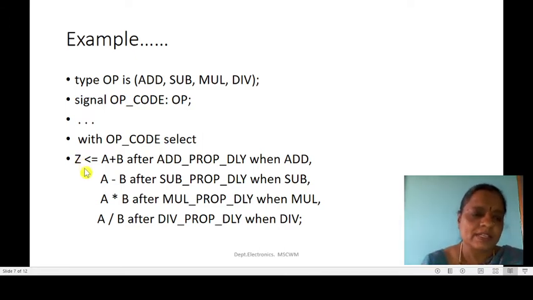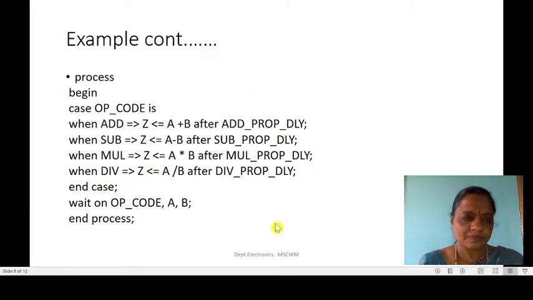Remember that a selected signal assignment statement is not executed line by line. It is executed by selecting the expressions directly. In the same way, for division it is going to select the division.